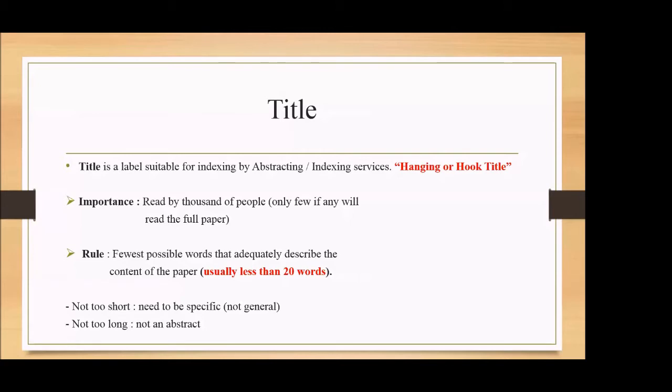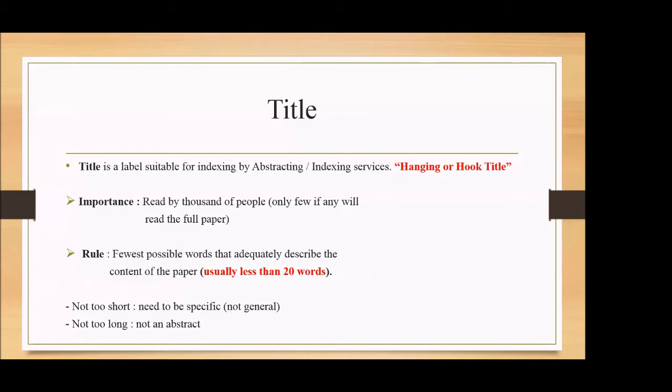A title is read by thousands of people. Only few, if any, will read the full paper, unfortunately. Usually, when you look at any article, you look for the title. Not all people read the whole paper.